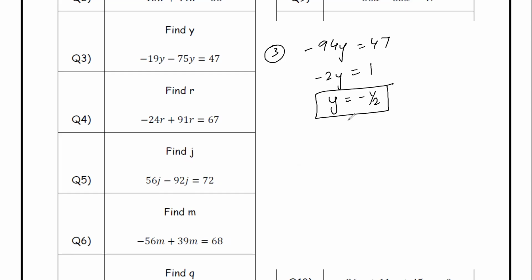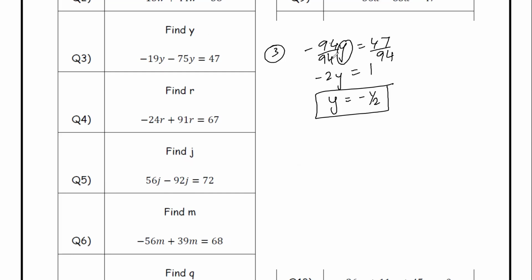Like I said, I'm going to skip the steps, but I will go through the steps for the first 5 questions here. So I divide both sides by 94 because I want to get rid of this 94 with the y. I need to find y and not 94y, so only y.